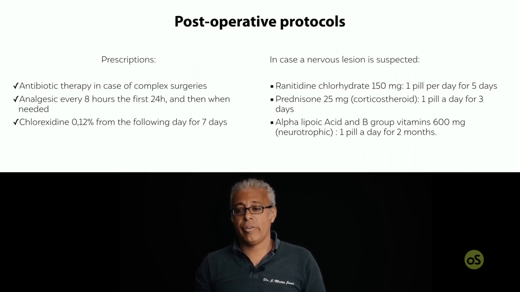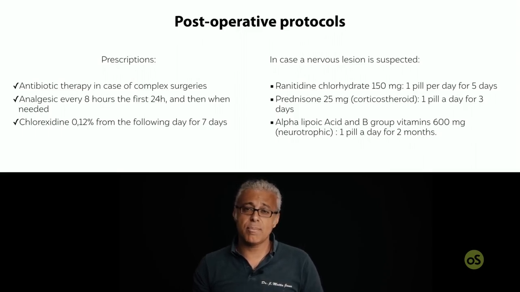In case of a nervous lesion, we're going to give a corticosteroid therapy with prednisone 25 milligrams, 1 pill per day for 3 days to reduce the inflammation, and we're going to give a gastroprotector, ranitidine 150 milligrams, 1 pill per day for 5 days, and then we're going to give a neurotrophic drug.